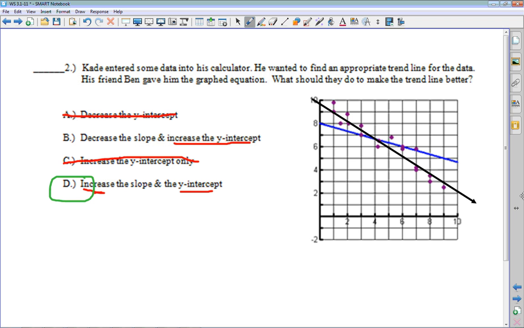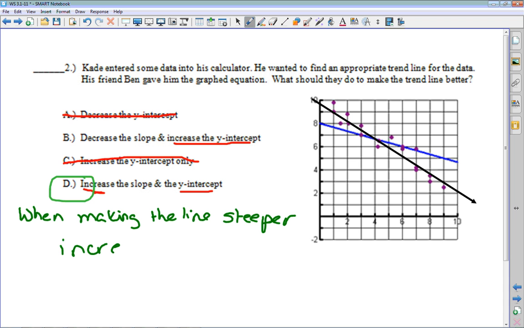Okay? So let's make a note somewhere on there that when making the line steeper, what you are doing is increasing the slope.